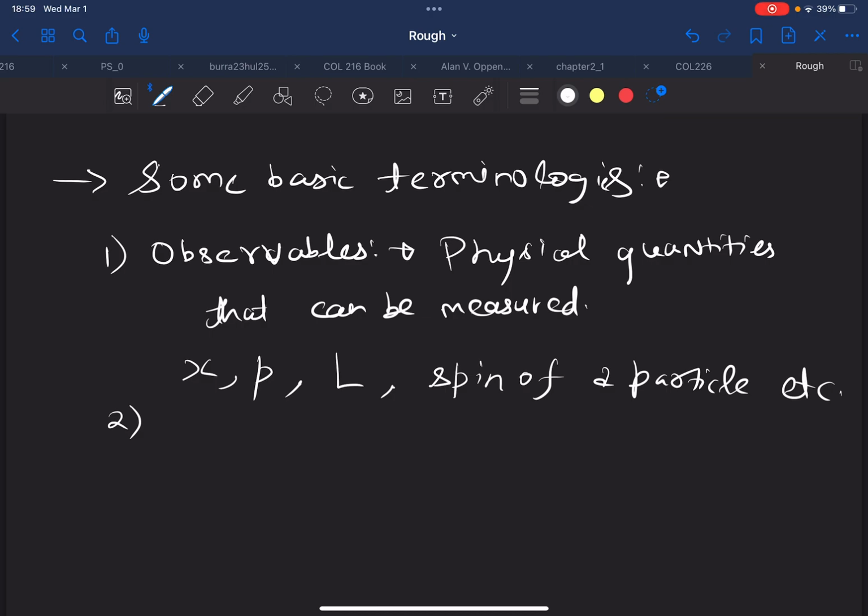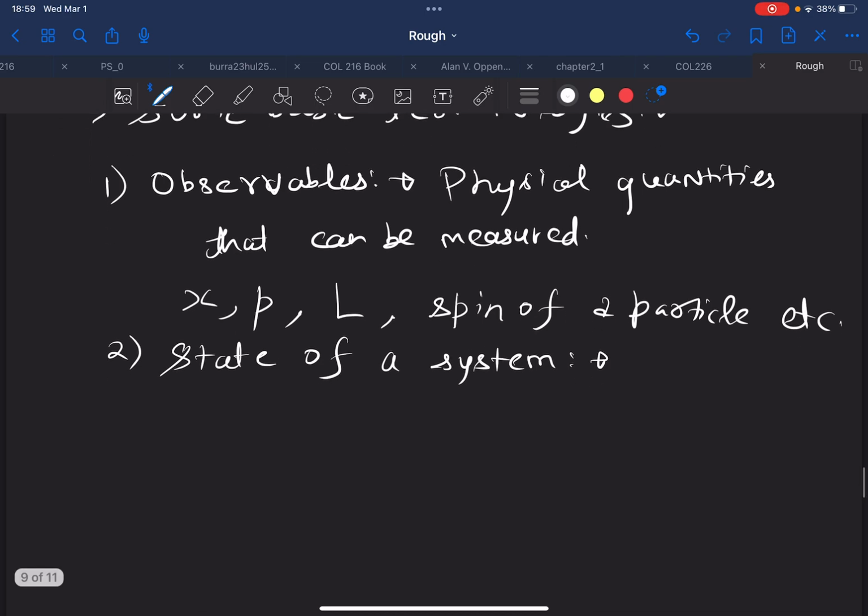Second, we need to understand the state of a system. So, in science in general, we try to characterize the state of a system using these observables.